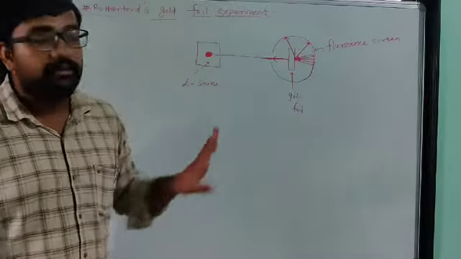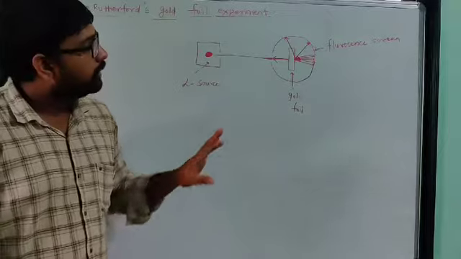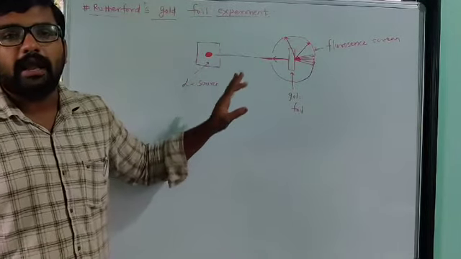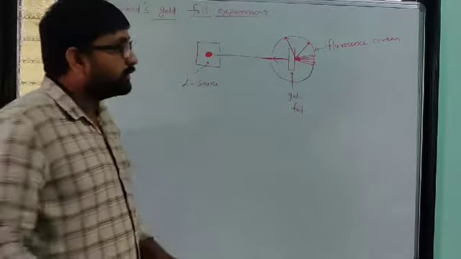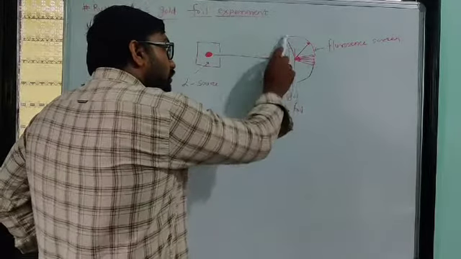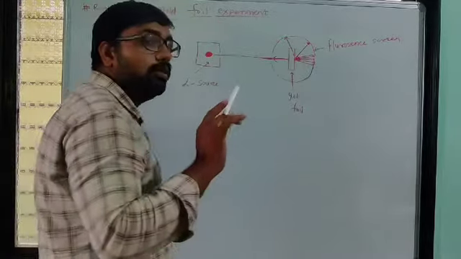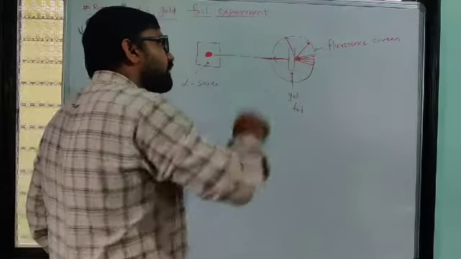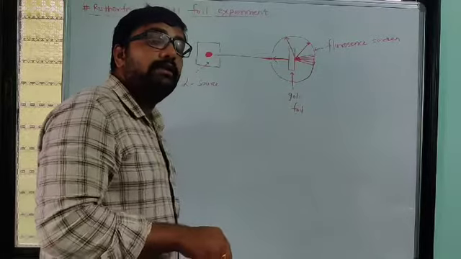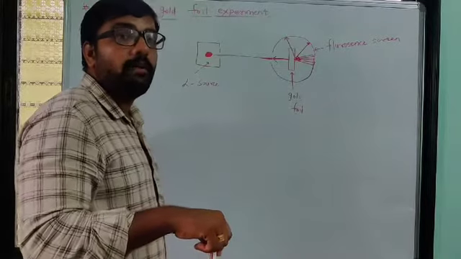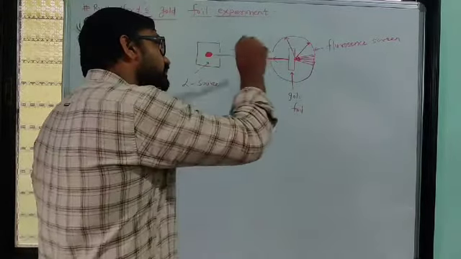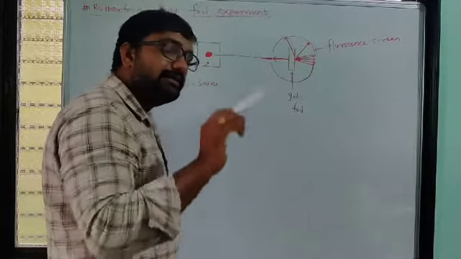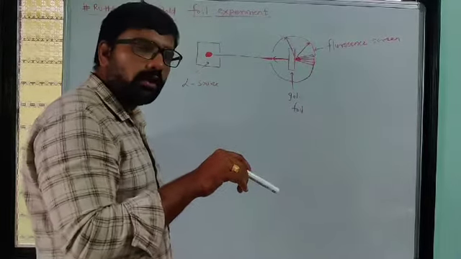By observing this scenario, Rutherford made his predictions about the atom. He was just observing the track of these alpha particles changing. A very small number of alpha particles deviate from their original path. A large number go straight forward. Very few alpha particles change their path through a small angle.